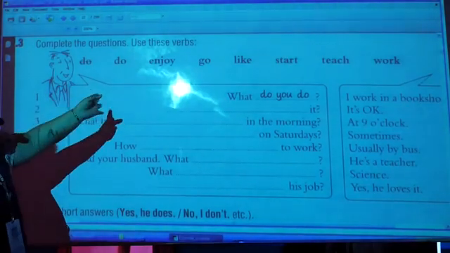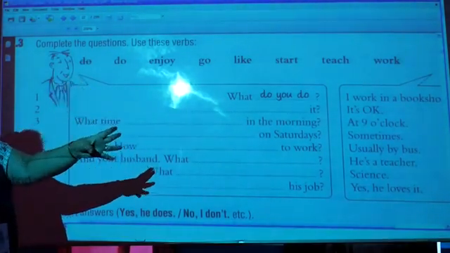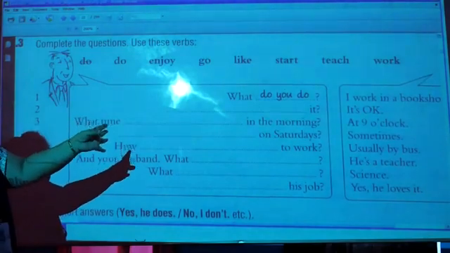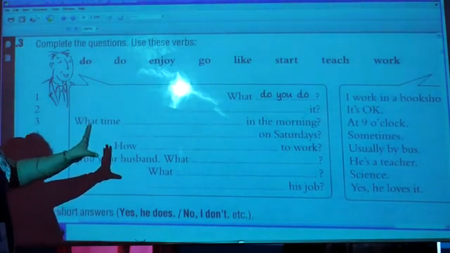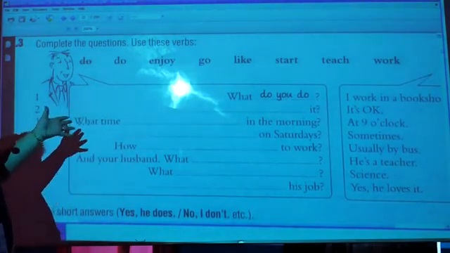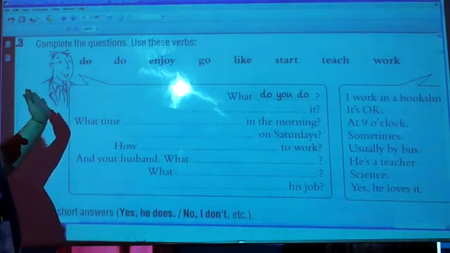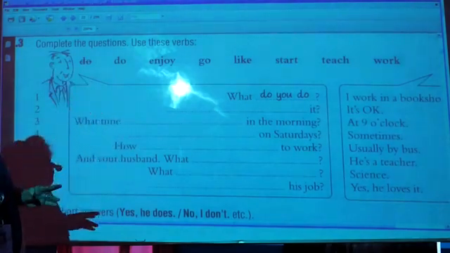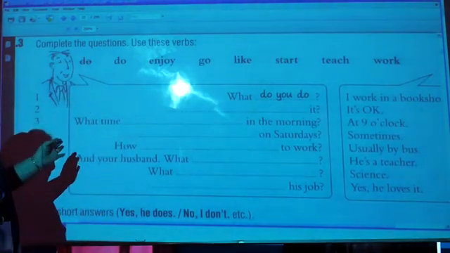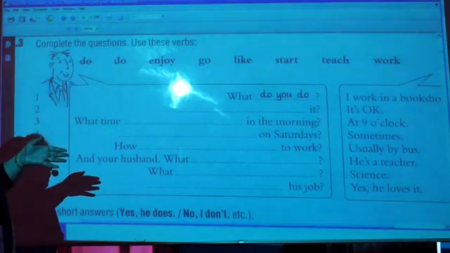So, dash it, answer is it's okay. Now you have to decide what you should write here. Do you enjoy it? It's okay. What time dash in the morning? What time do you start in the morning? Dash on Sundays. Do you work on Sundays?